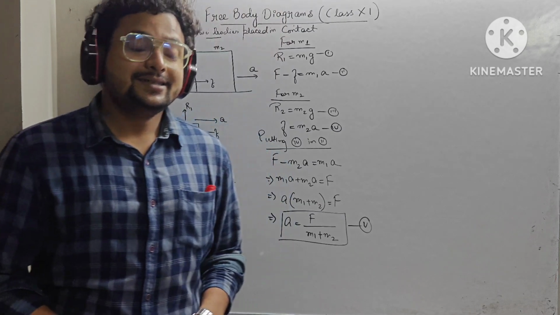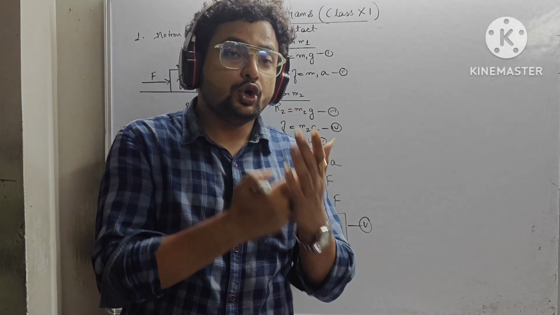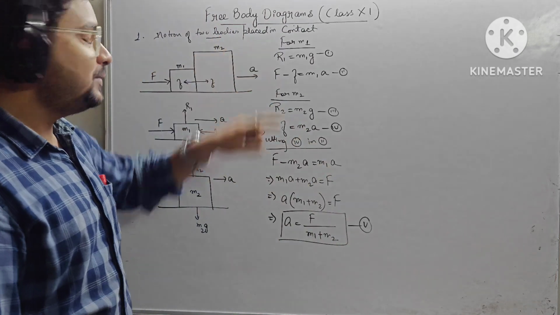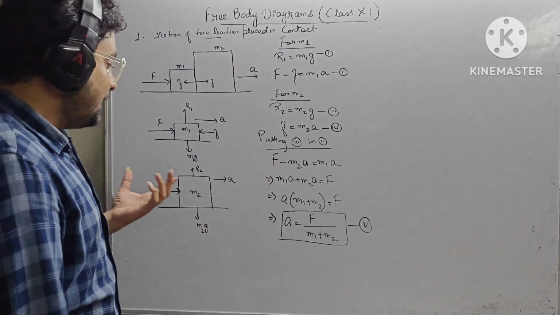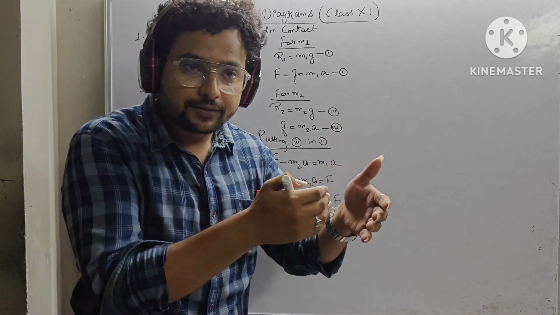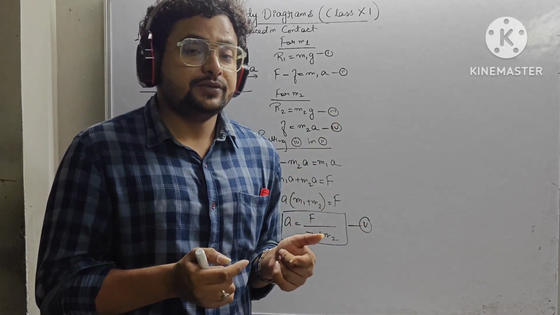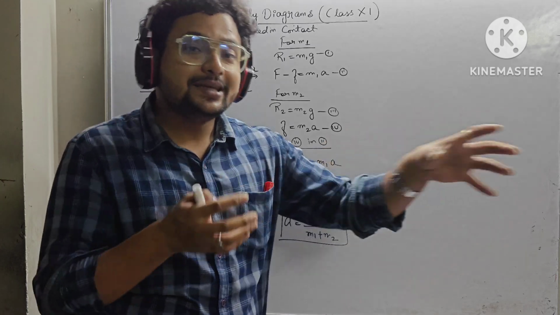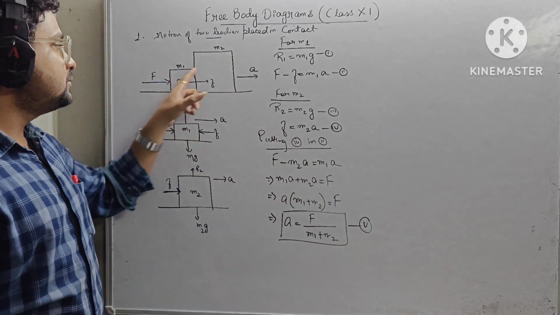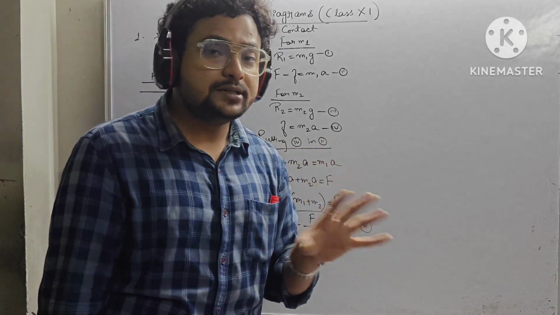Remember one thing. Since both the bodies are just placed in contact with each other, I am considering that these two bodies are moving together. These two bodies are not moving separately. If these two bodies are moving separately, then they will be having different accelerations. But over here, I am not considering that one.